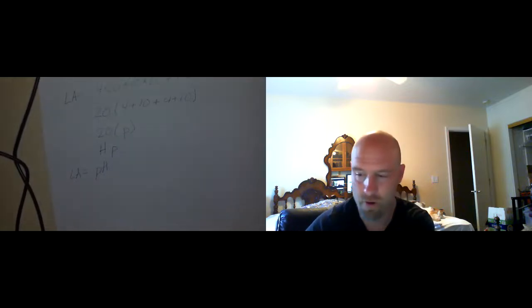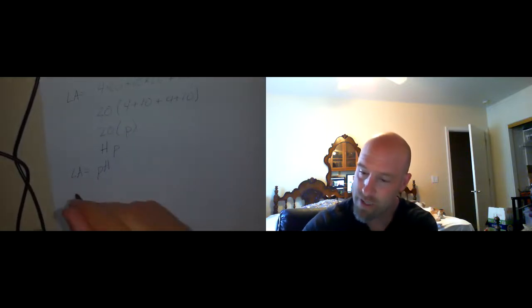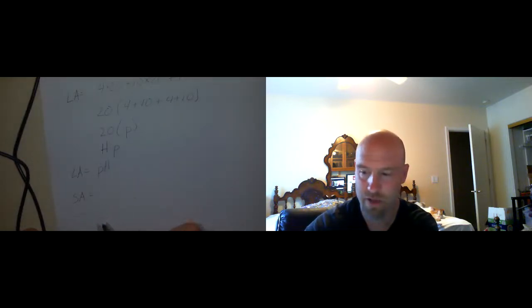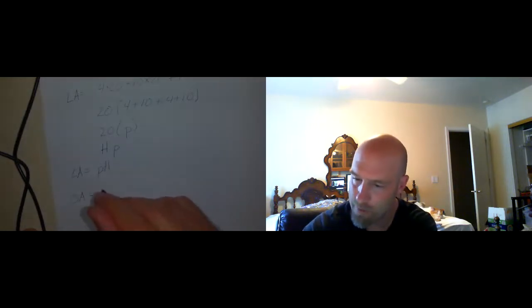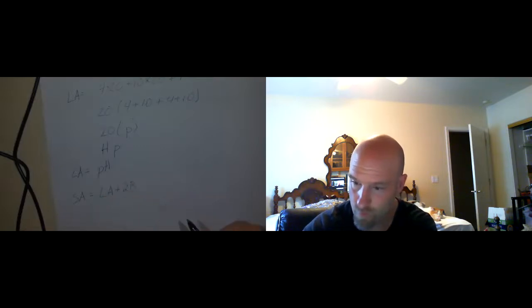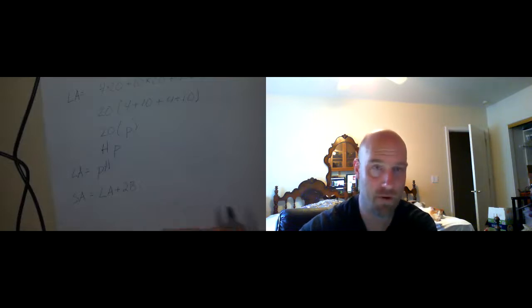Lateral area is perimeter of the base times the height. My surface area for any prism, whether it's rectangular or not, and we'll do a non-rectangular one in a minute, will be my lateral area plus the bases. Well, there are two of them. So that's all there is to it for any prism.